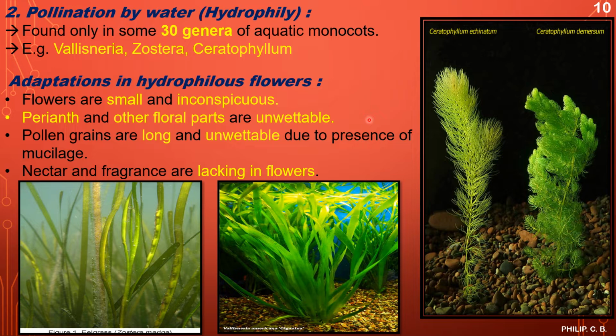The floral parts are unwettable because, when they are in water, if they get wet they may get spoiled and decompose, so they have a coating which makes them unwettable. Pollen grains are long and unwettable due to the presence of mucilage. Nectar and fragrance are lacking in these flowers as they are water pollinated.